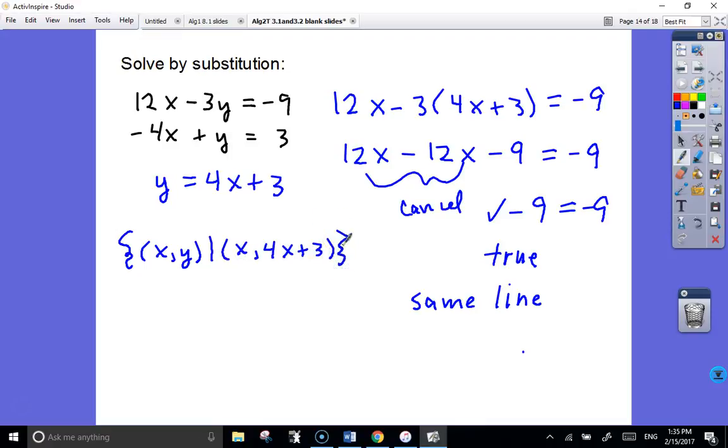That means that's the set of all the points where, for any value of x, the y value is 4x plus 3. So I wouldn't be surprised by that, but I'm not really sure how they do it in this book.